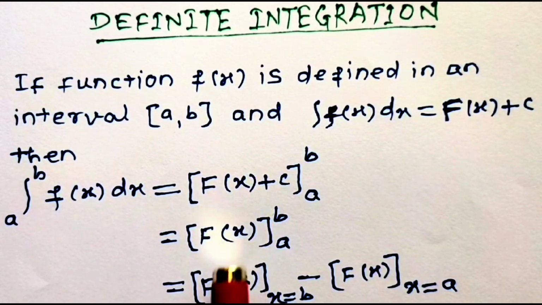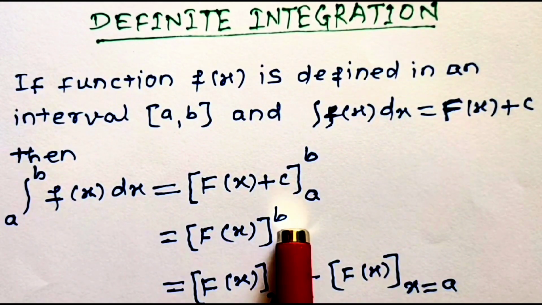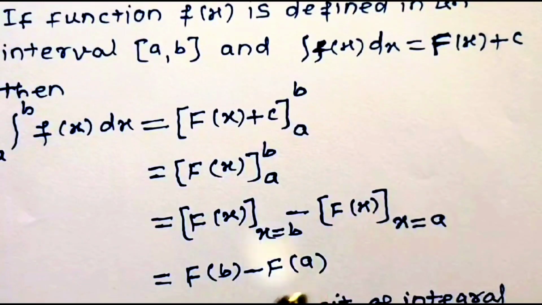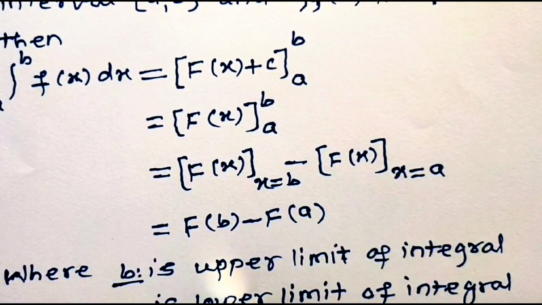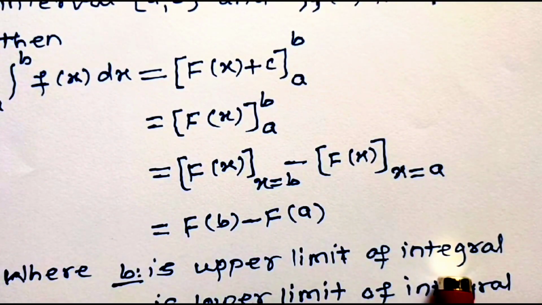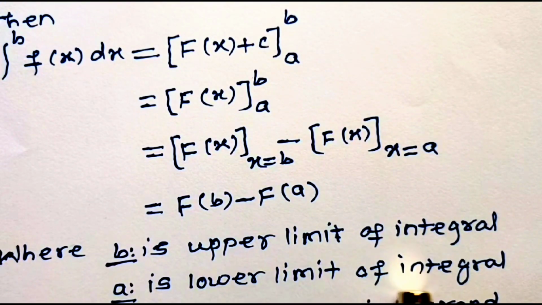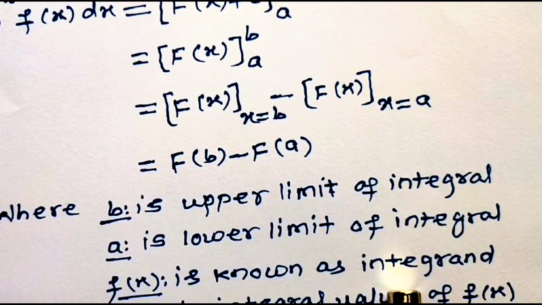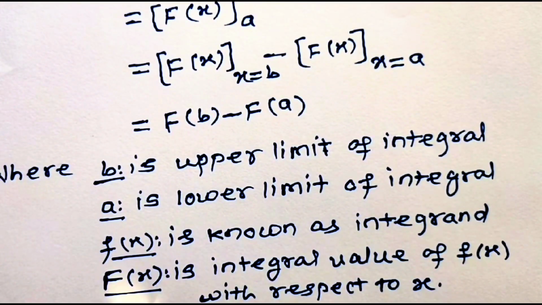Only capital F(x) with limits from a to b remains. Then it is capital F(b) minus capital F(a). Here b is known as the upper limit of the integral, a is known as the lower limit of the integral, f(x) is known as the integrand, and capital F(x) is an integral value of small f(x) with respect to the variable x.